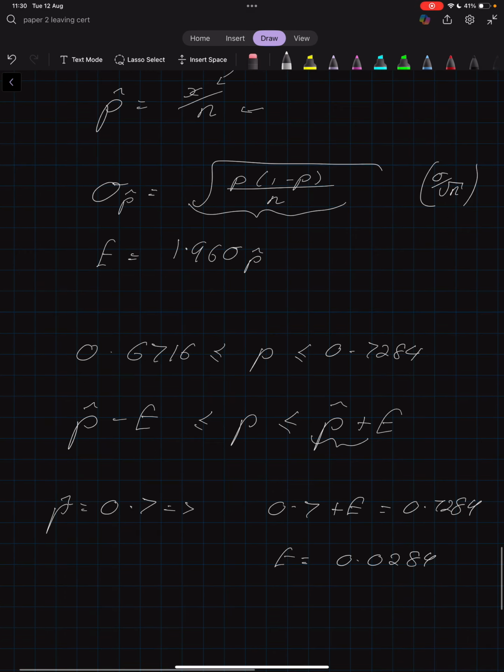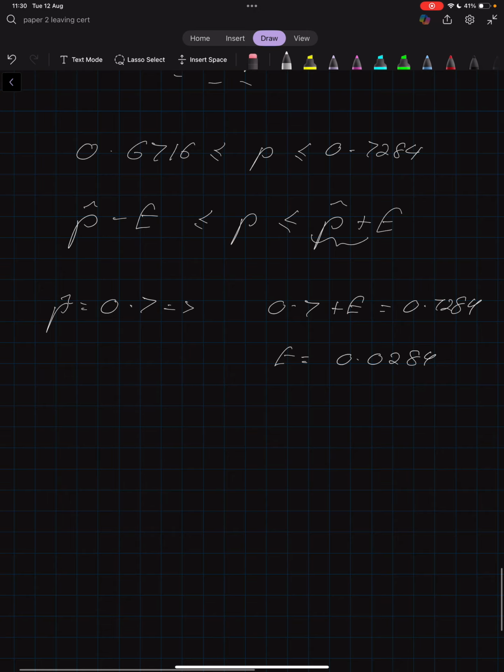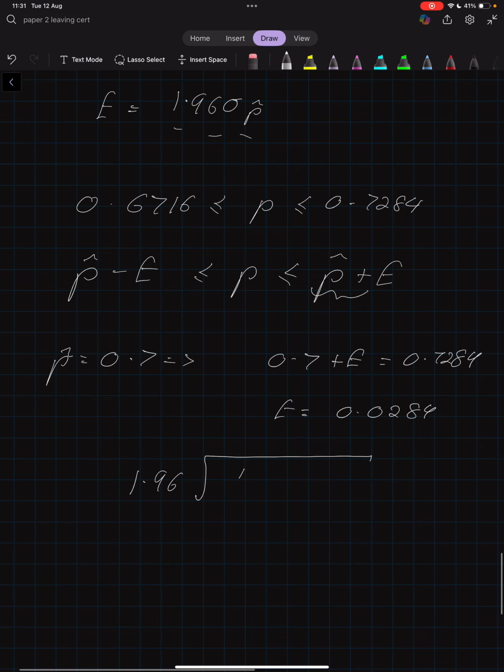And e is equal to this thing up here. So e is going to be 1.96 the square root of p 1 minus p over n. That's equal to 1.96 square root. P is 0.7. 1 minus p is 0.3. N we simply don't know.